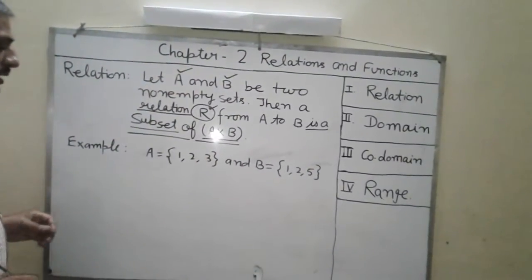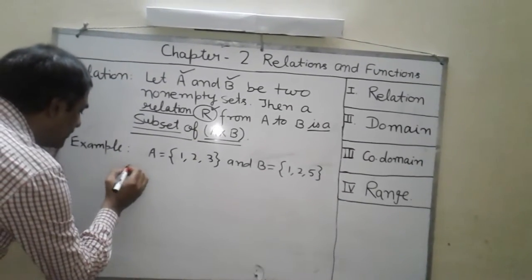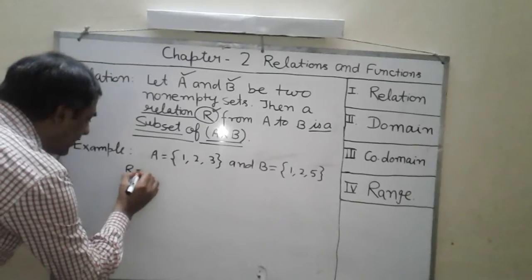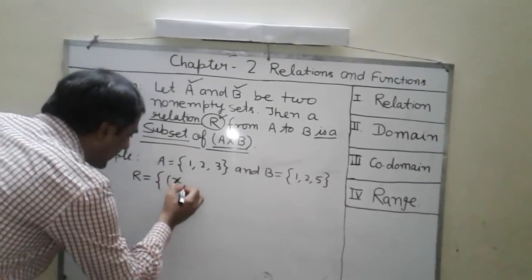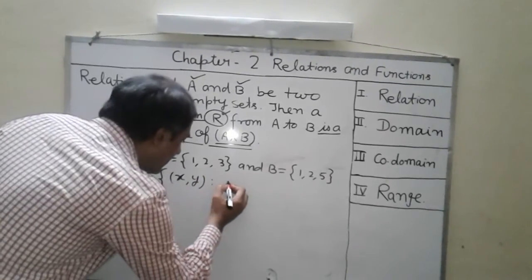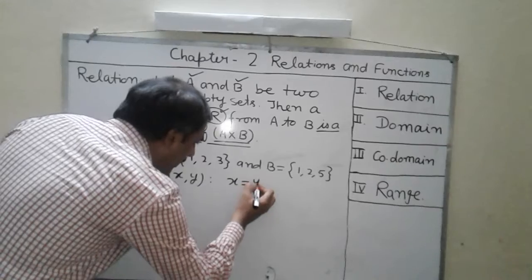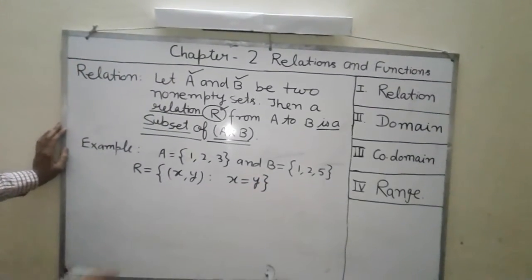Here I am going to define the relation. According to this question, relation R is defined as the ordered pair (x, y) such that x is equal to y.